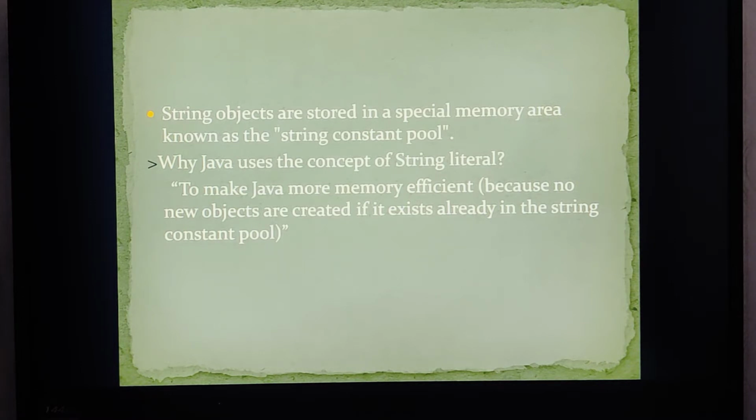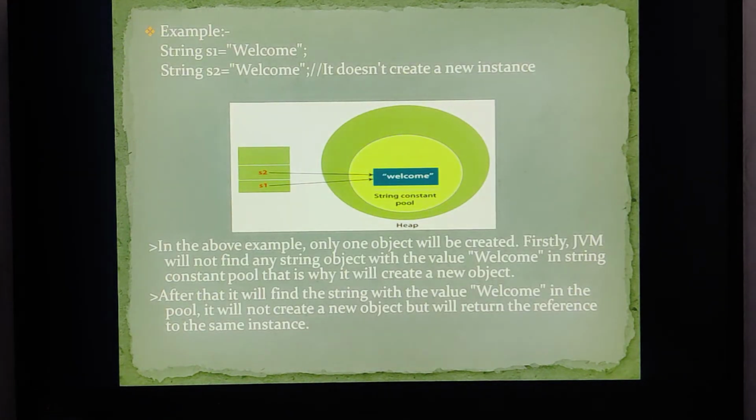In the previous slide, as welcome was not present at first, when I created s1 the object got created inside the string constant pool. When I created another object with the same string literal, no new object got created. So s2 points to the same older object, and we get the benefit of memory optimization.